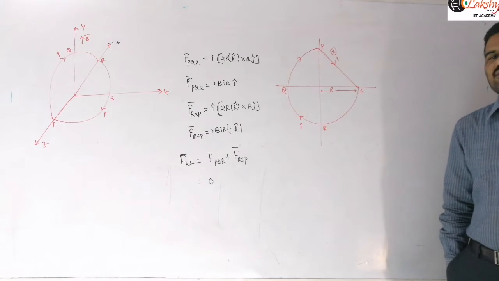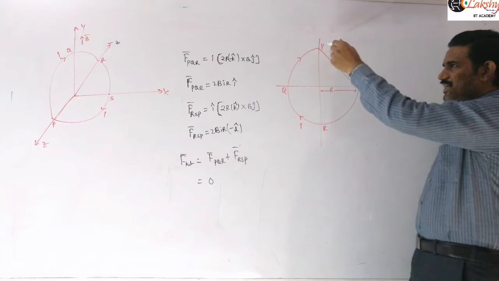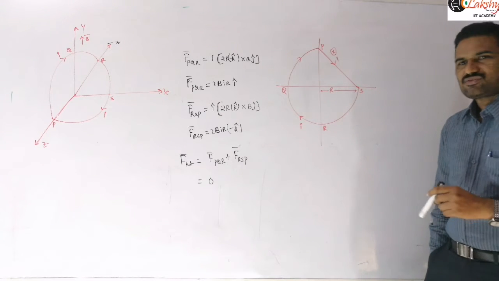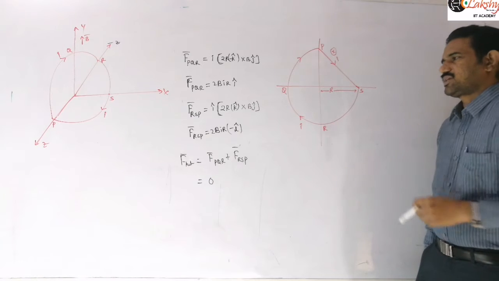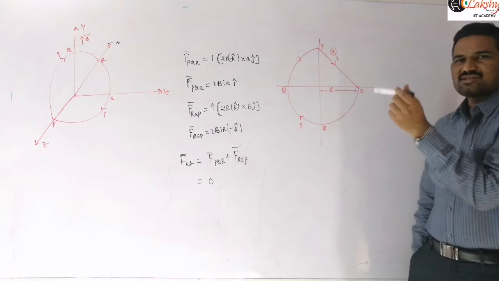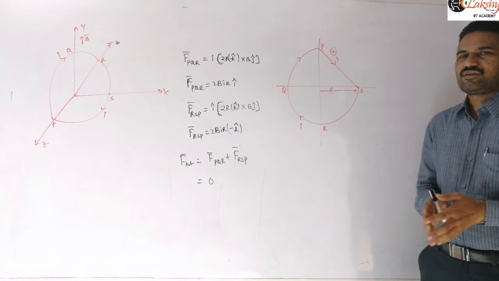So the force acting on this wire is given as F for us, and with the help of that we need to find the force acting on this semicircle here. And the magnetic field is there, a uniform magnetic field applied into the plane.